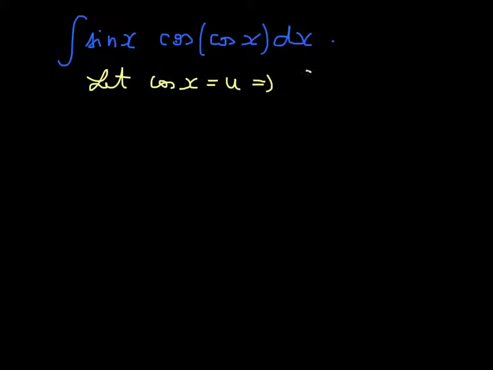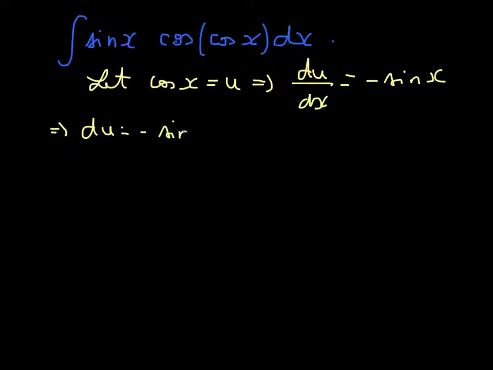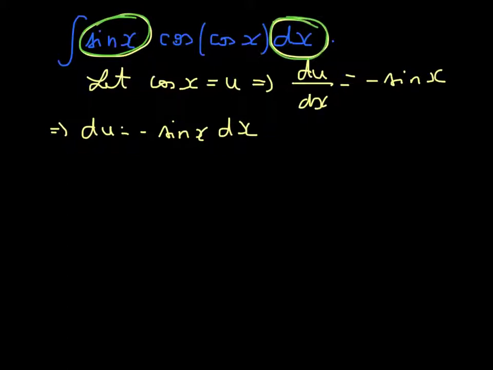Therefore, du by dx equals minus sin x. So du equals minus sin x dx. And now we see we have here sin x dx, which together makes minus du.